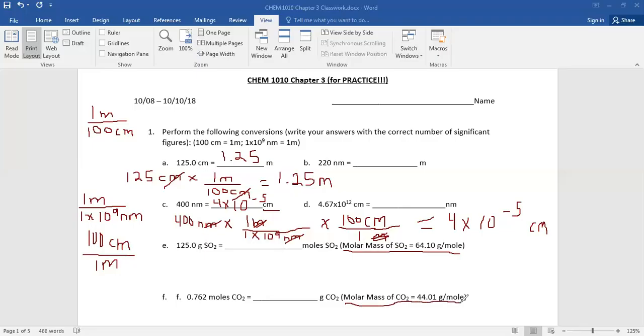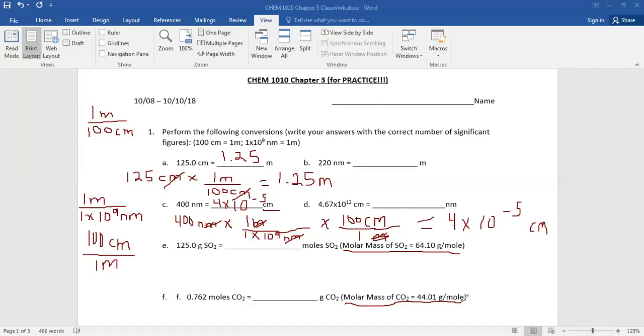The molar mass is basically the number of grams of a substance per 1 mole of that substance. So the molar mass is always in units of grams per mole. So in part E, SO2 has a molar mass of 64.10 grams per mole. Notice the units. You have your grams in the numerator, your moles in the denominator.